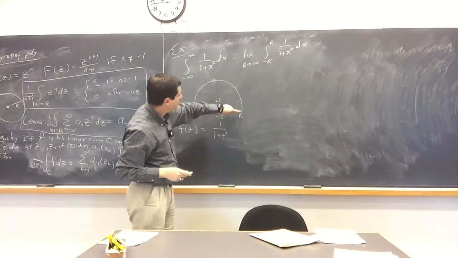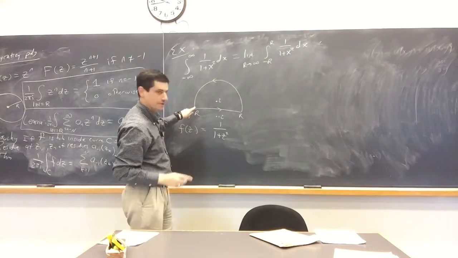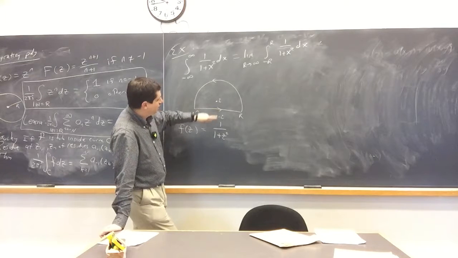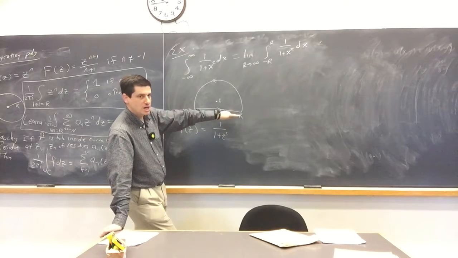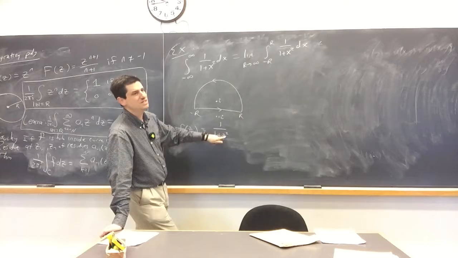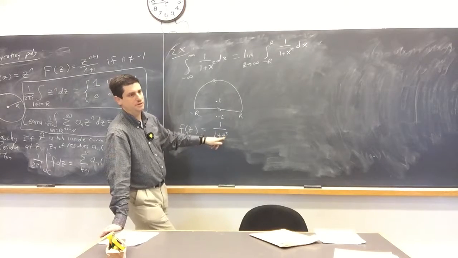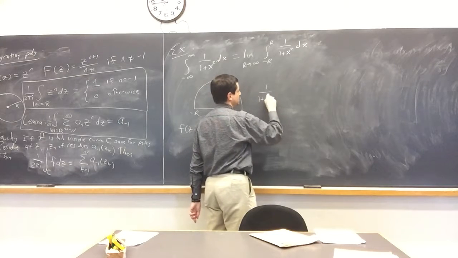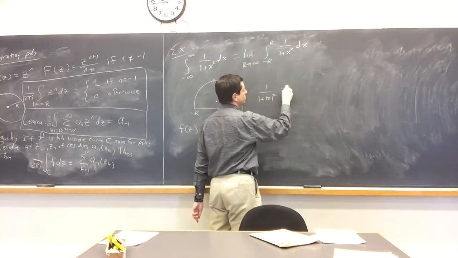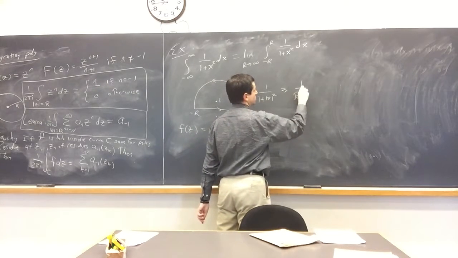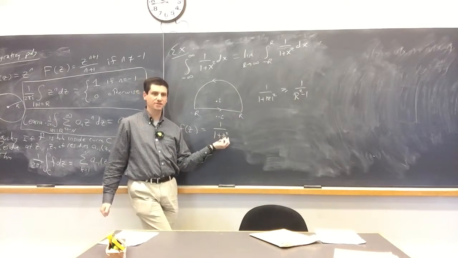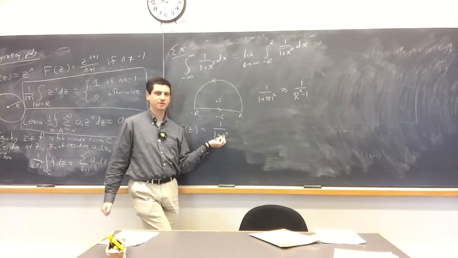So then we have to figure out what's the integral over the top over here. Well, if we take z to have absolute value r, 1 over 1 plus z squared is going to be less than or equal to 1 over r squared minus 1. The worst case for us is if z squared is negative, and so the 1 cancels it a little bit.